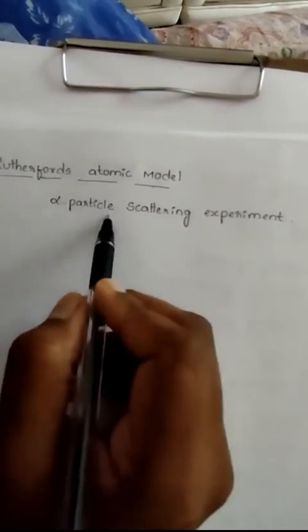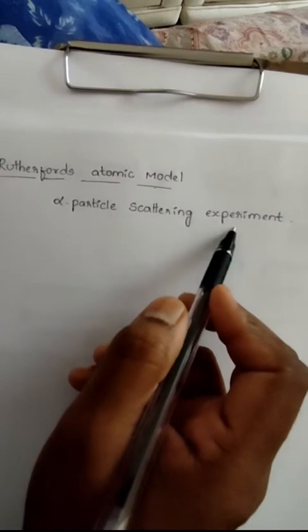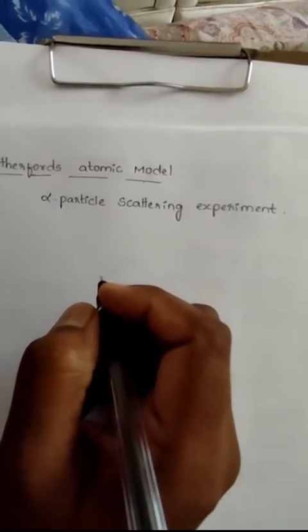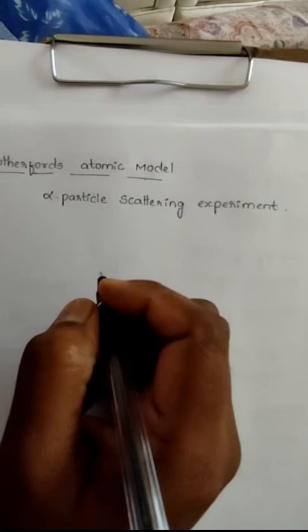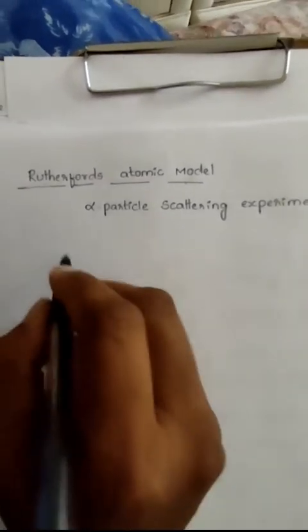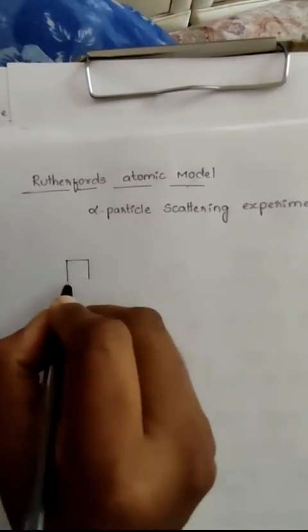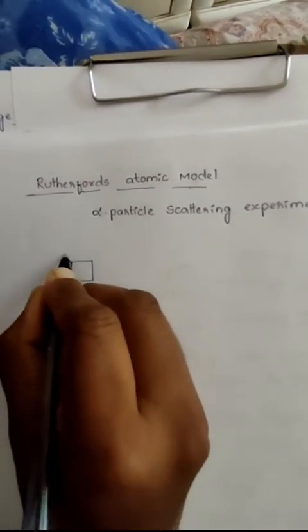In this alpha particle scattering experiment, they made alpha particles incident on a thin gold foil and studied the result. The apparatus of this experiment is as I am drawing. There will be a source of alpha particles.